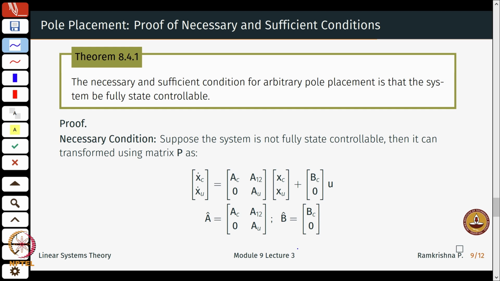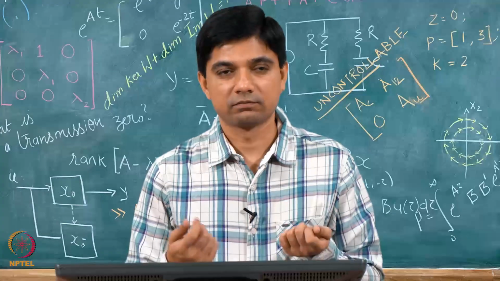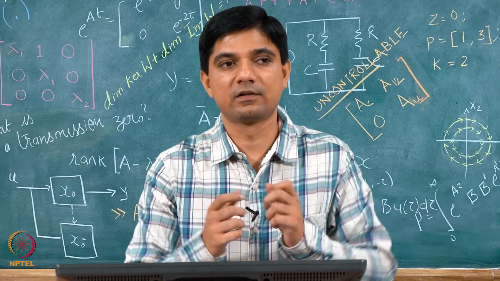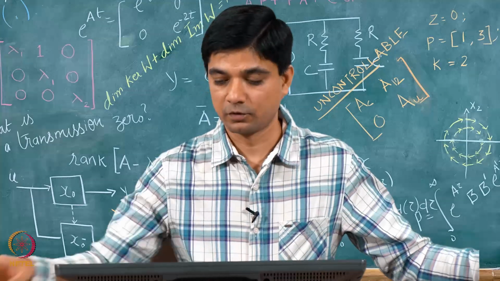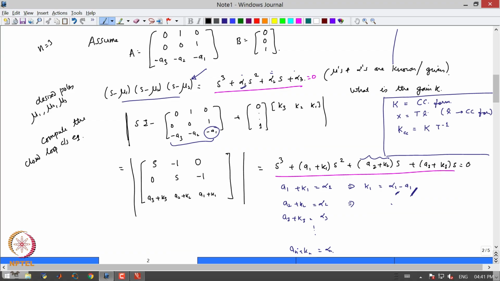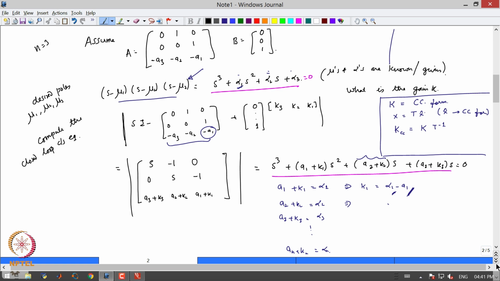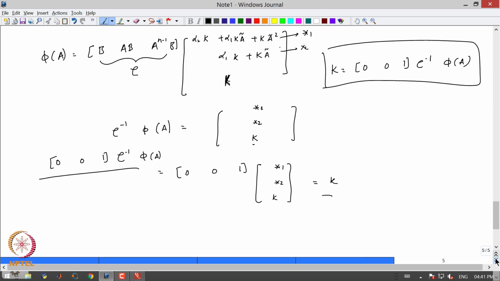Right. Before I started this lecture, we said there were some hints that controllability should be some kind of a necessary condition for pole placement. You can start from the controllable canonical form. Something similar was also seen in Ackermann's formula, where you needed invertibility of the controllability matrix.